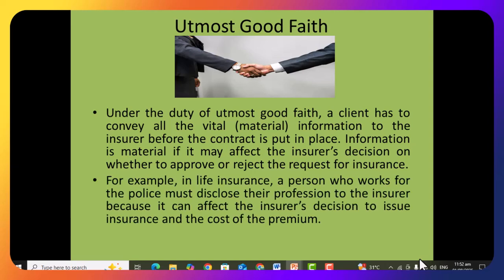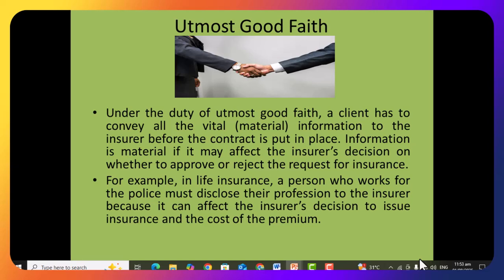For example, in life insurance, a person who works for the police must disclose their profession to the insurer because it can affect the insurer's decision to issue insurance and the cost of the premium. Similarly, if somebody is taking life insurance and is diabetic or hypertensive, the insurance company normally asks for this information in the proposal form.